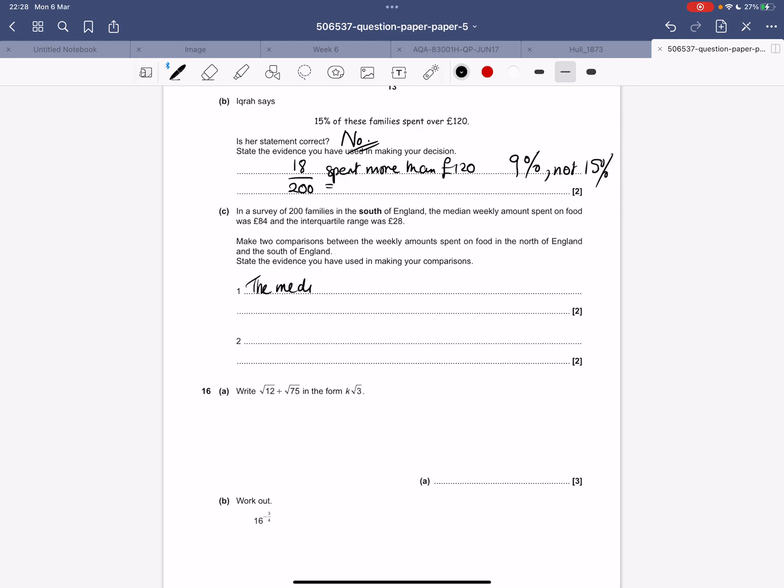The median in the north is higher than the median in the south.